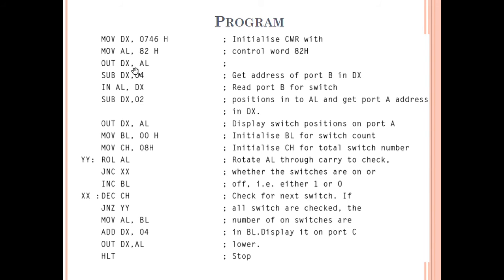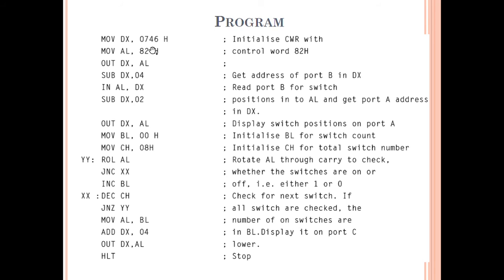And then OUT DX, AL. This is the syntax for OUT. It can be OUT directly with the value 0746H, or we can use the indirect addressing mode and write DX comma AL. So what will OUT DX comma AL do? This will move the word 82 to the control word register. At address 0746, we have the control word register.